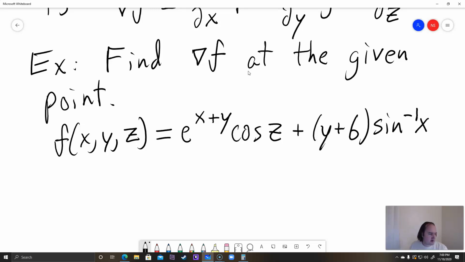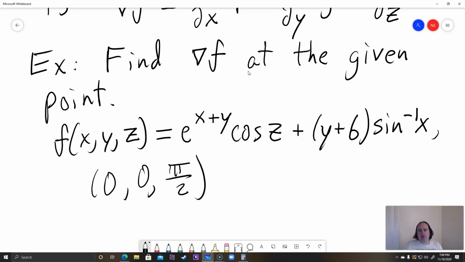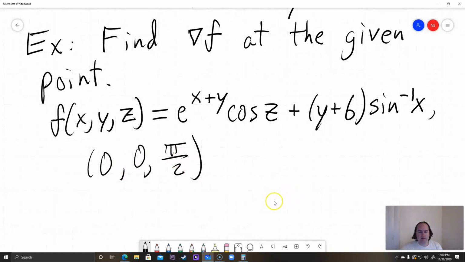And the point they're giving us is 0, 0, pi over 2. At the end of this problem, after we find the gradient of f, we're going to plug in x, y, and z for this point. But first we're going to find gradient of f, because that's the hard part.